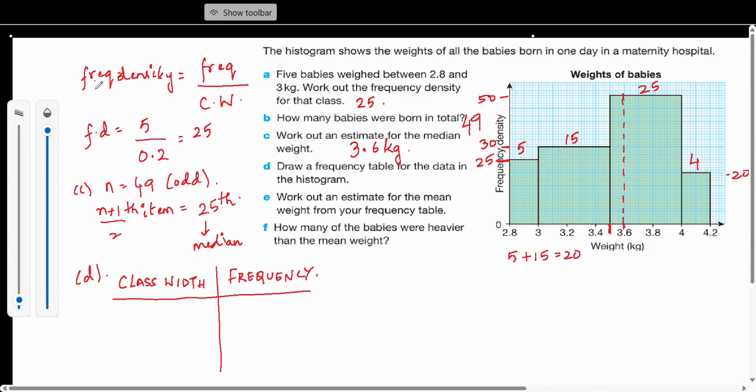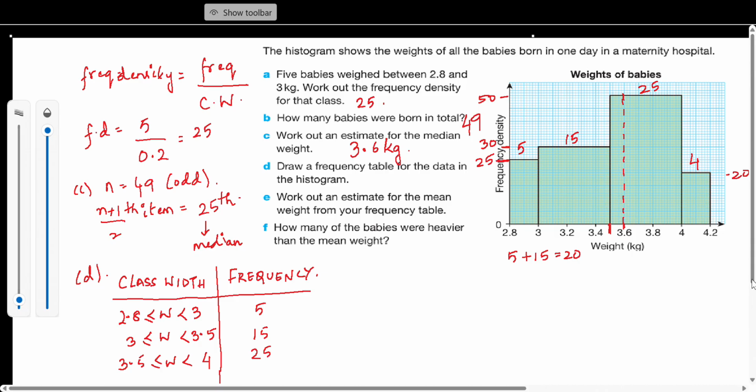The first one, 2.8 less than or equal to W, less than 3. How many in this? 5. 3 less than or equal to weight, less than 3.5, 15. 3.5 less than or equal to W, less than 4, 25.